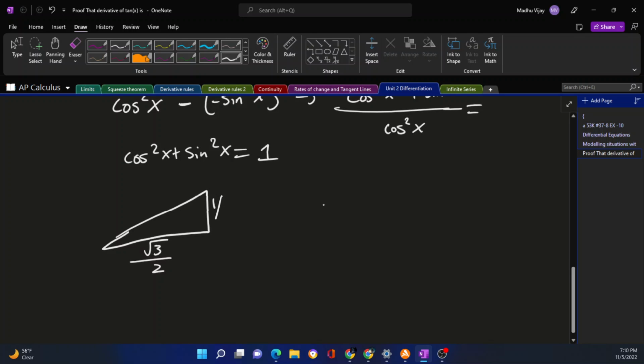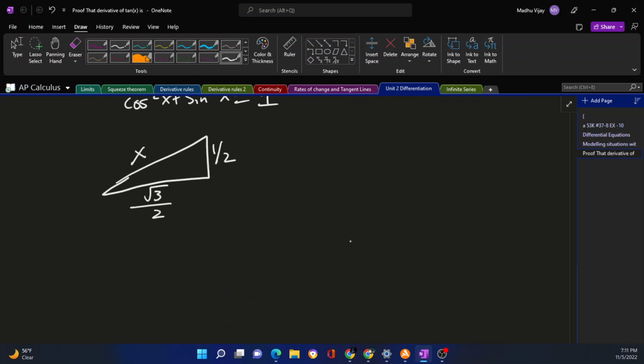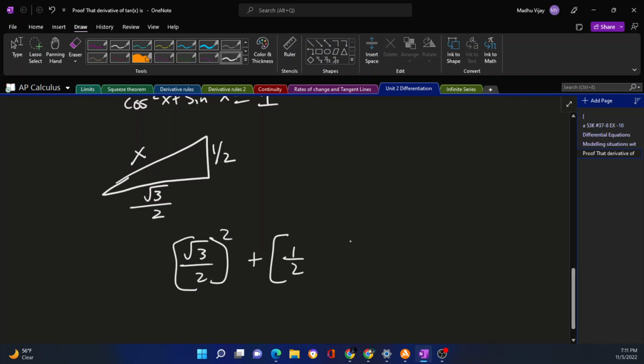We'll call the height 1/2. And we will solve for the hypotenuse here, which is just x. So this is square root of 3 over 2 squared plus 1/2 squared is equal to x squared. Now this is just the Pythagorean theorem.